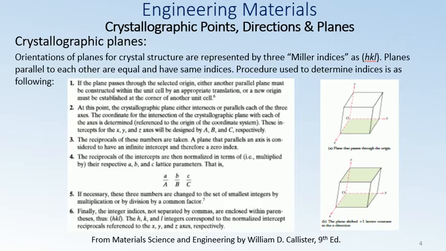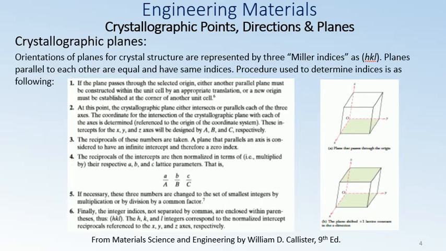Planes that are parallel to each other are equivalent, and they have the same indices, just like we talked about directions which have the same atoms involved and are covering the same positions. Those directions are called equivalent directions. Here again, if the planes are parallel to each other, they will have the same indices.